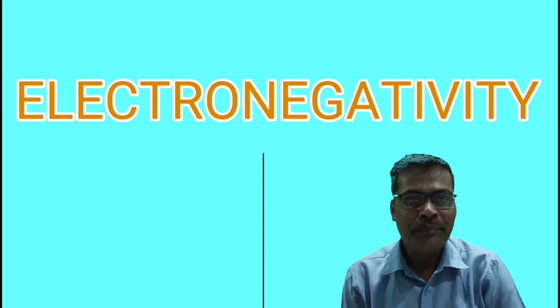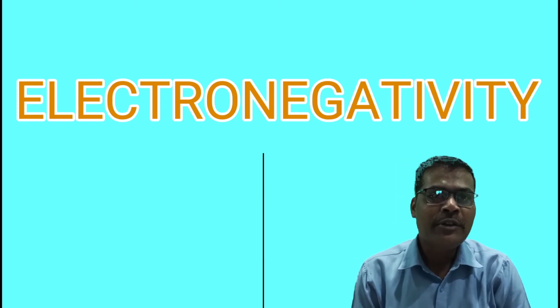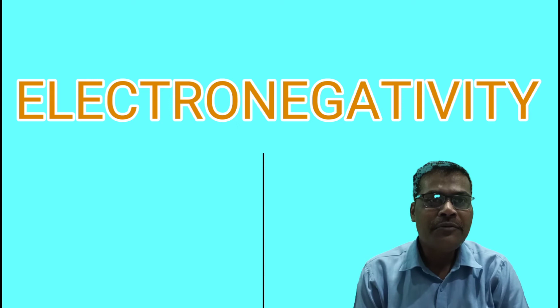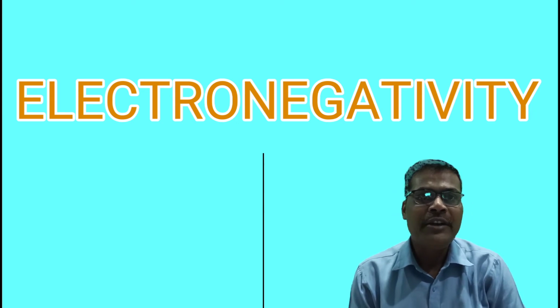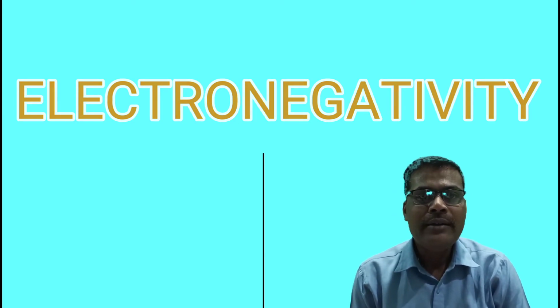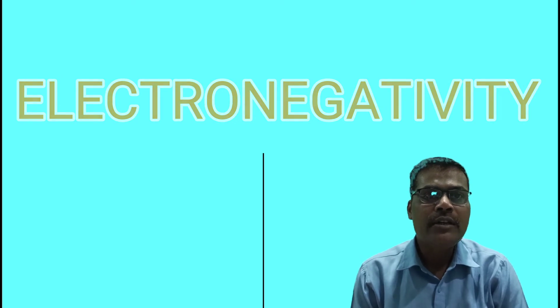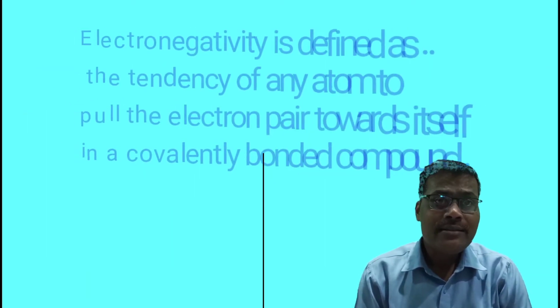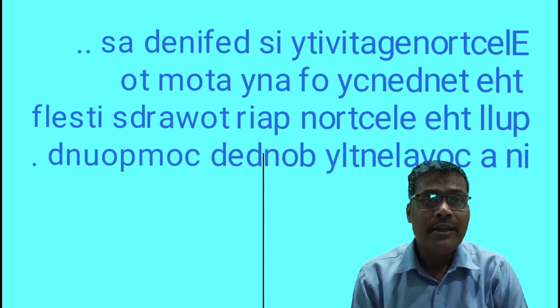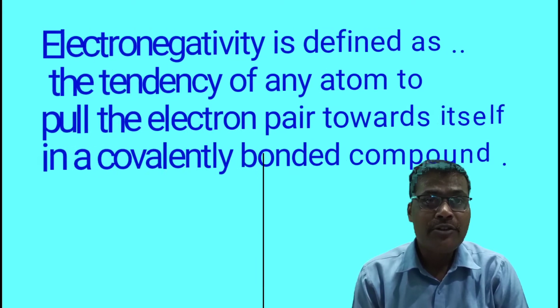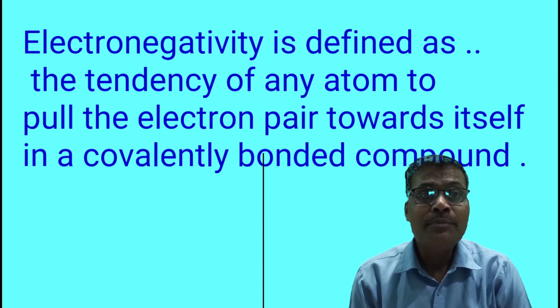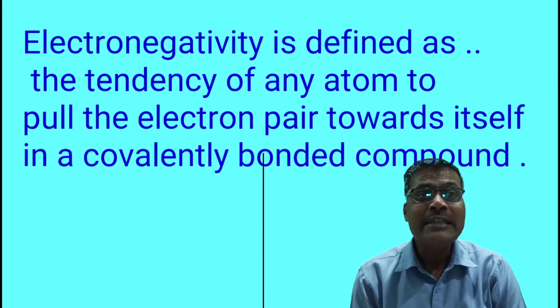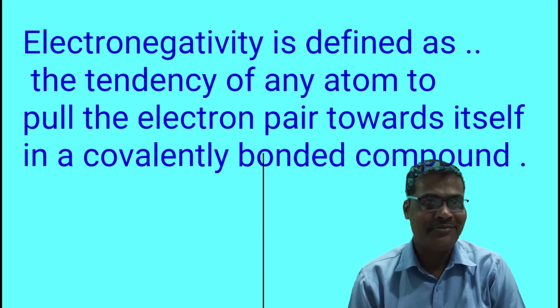Today we are going to discuss electronegativity, one very important feature that is used very widely in chemistry. While understanding bonding in chemistry, it is very important to know about electronegativity. Electronegativity can be defined as the tendency of any atom or element in a bonded molecule to pull the shared pair of electrons towards itself.